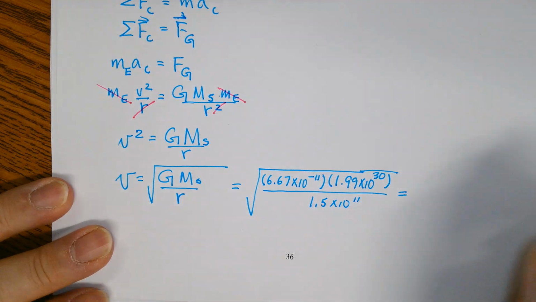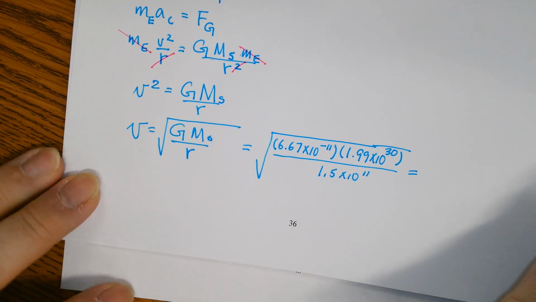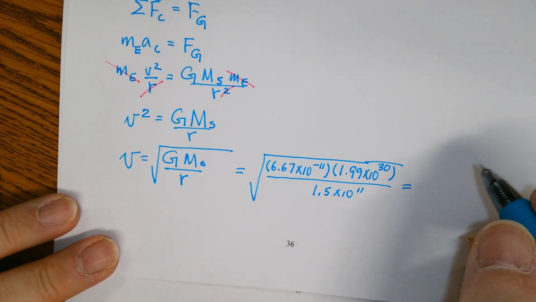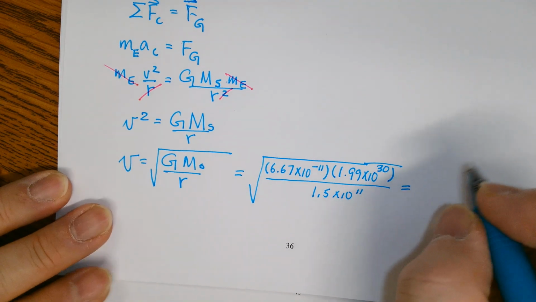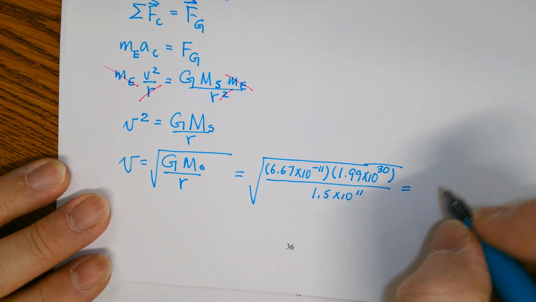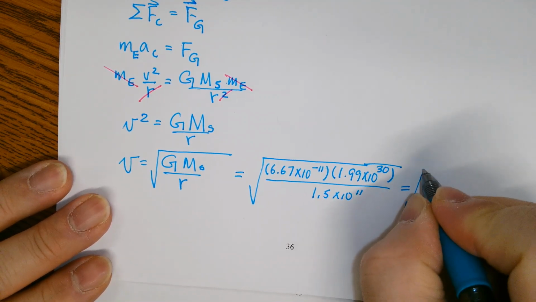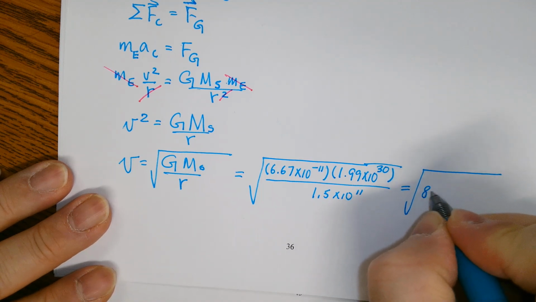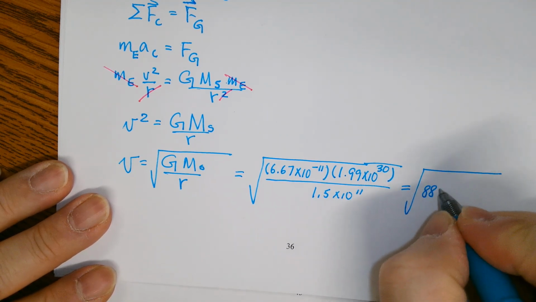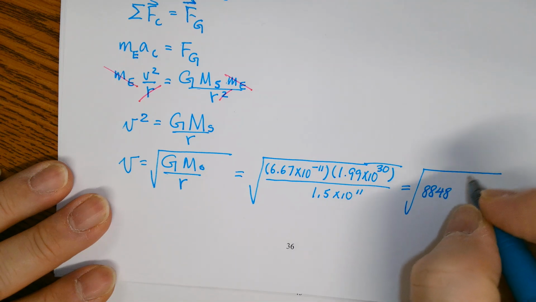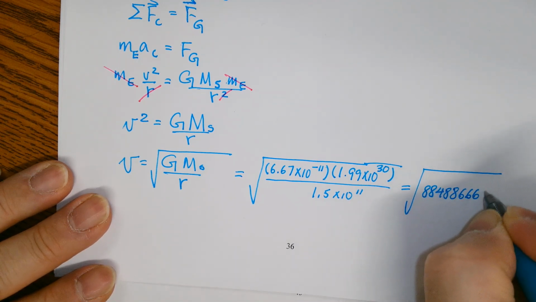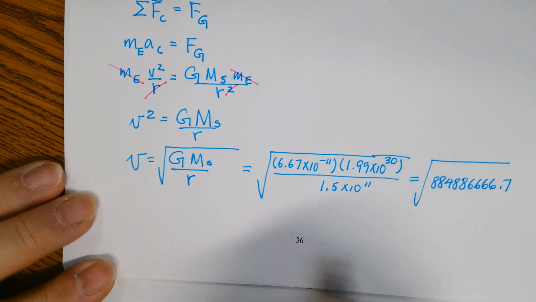So if you work this whole thing out, you should get something like the square root of, I'm writing this so you guys can check your calculations, 488,666.7.